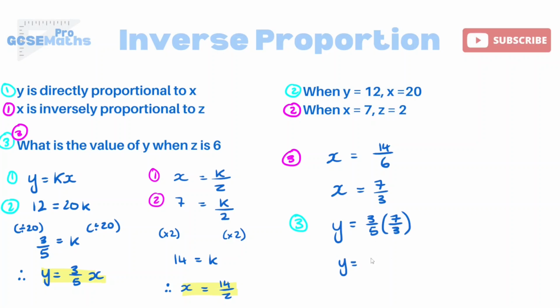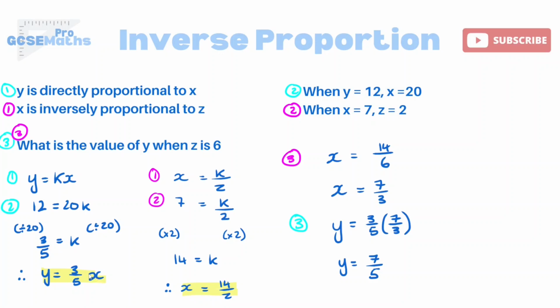When you multiply those, you actually get 7 over 5, or 1.4 if you're using decimals. So I've kind of had to jump backwards, haven't I? Starting with the z, find out what x is, and then use the x, which is common in both of these equations, isn't it? They both have x in them. So I have to find out what x is and then put it into the other equation to find y.